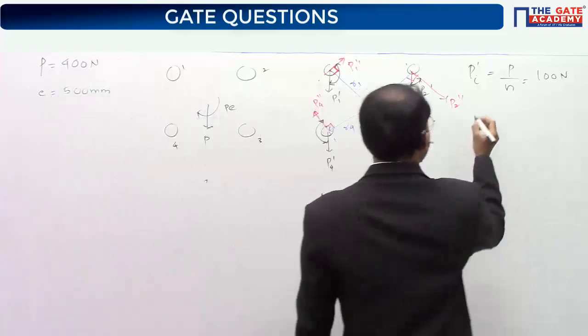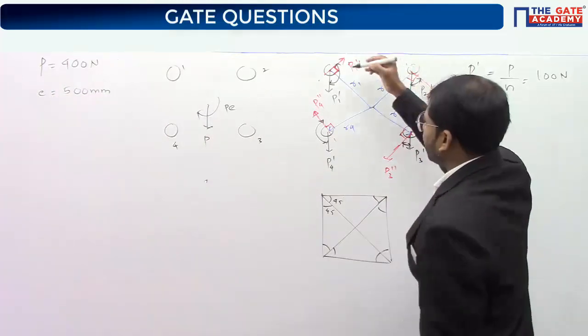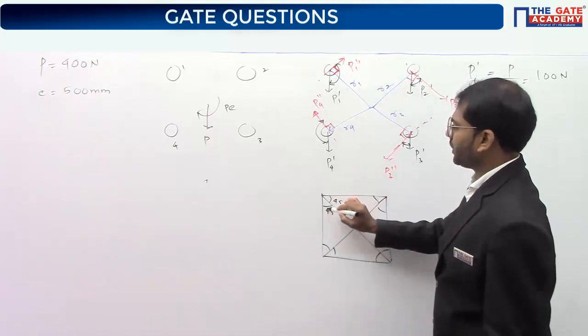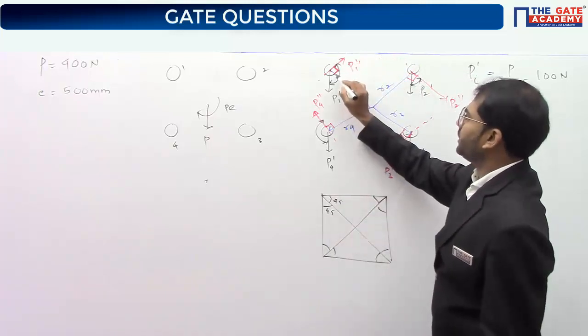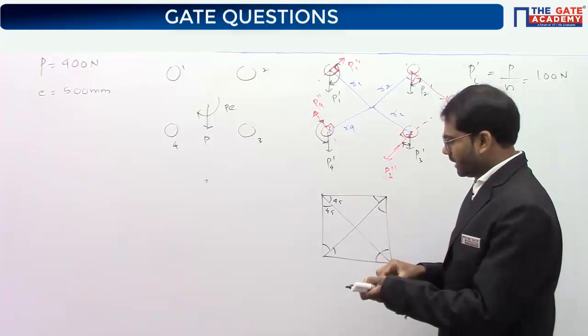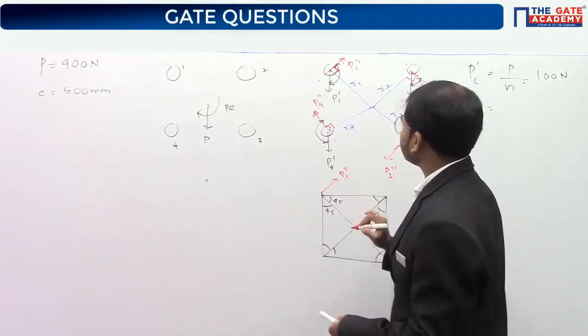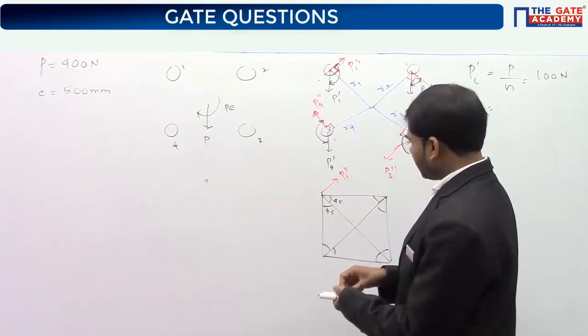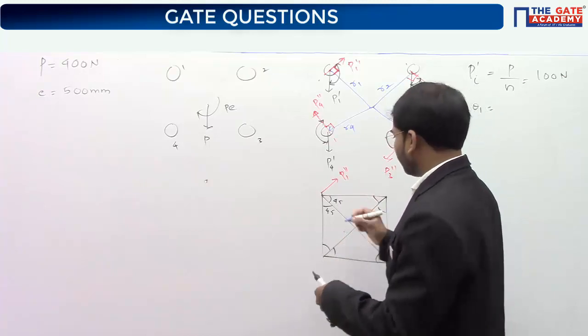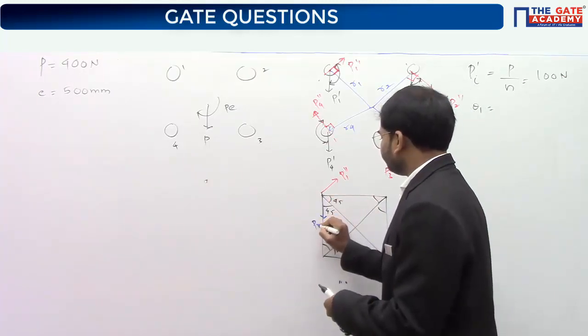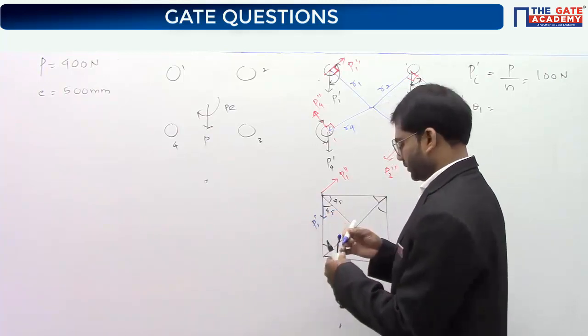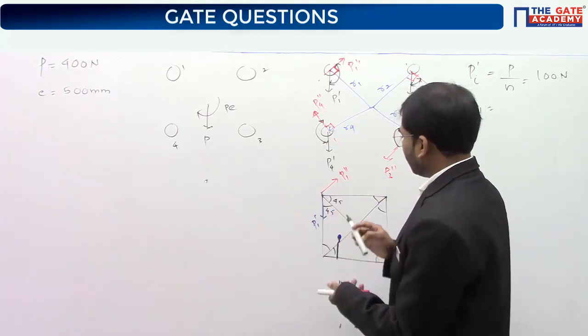So theta 1 value, you can simply say this as 90 degrees and this is 45 degrees. Because I told that secondary load is like this, P1 double dash, and primary load is like this, downward. So I am putting it with the blue color, P1 dash, and this is the angle.